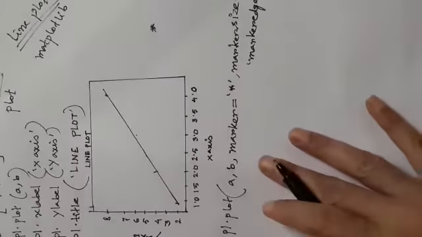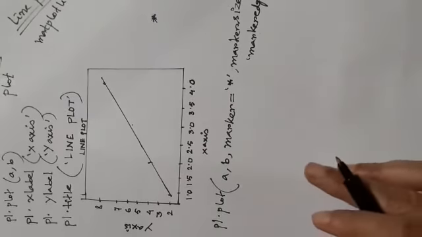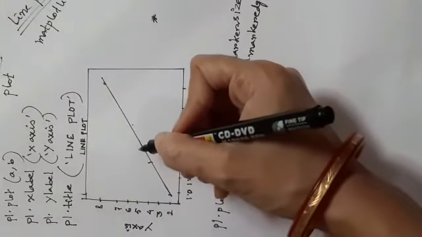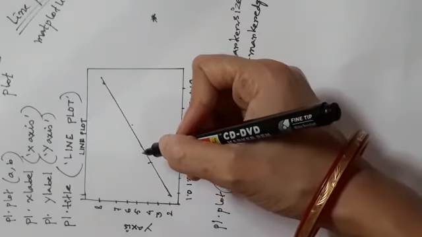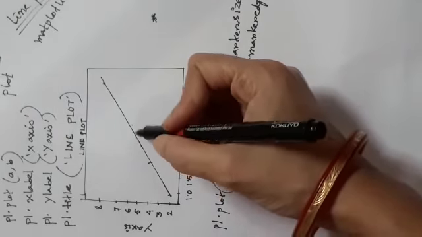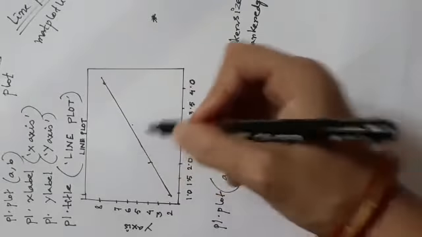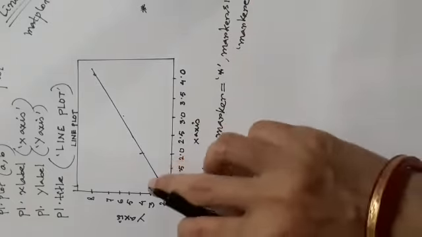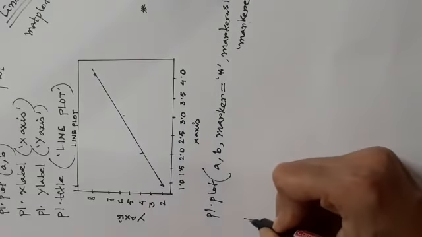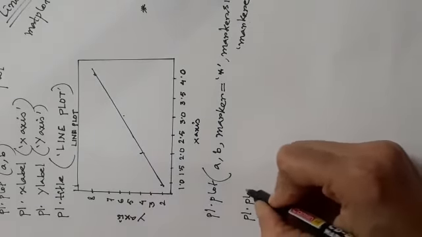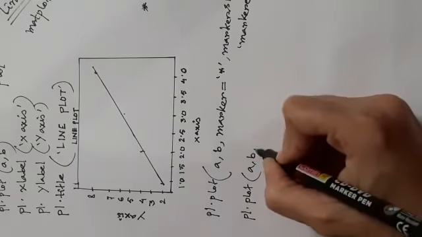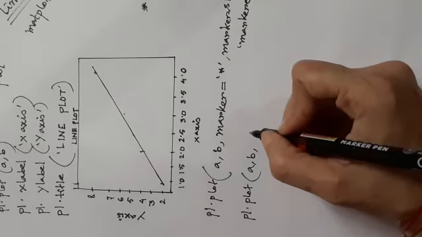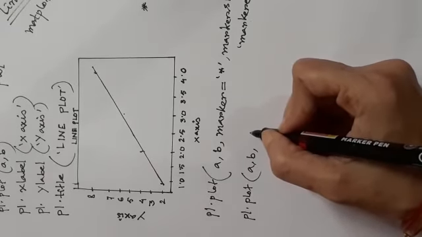Now suppose I want to change the color of the line. Here we are changing the marker edge color, but if you want to change the color of the line, how to pass the argument? You have to write pl.plot A comma B. Suppose I want to give the color blue to this line, or some different color.